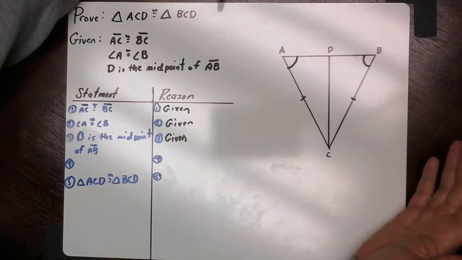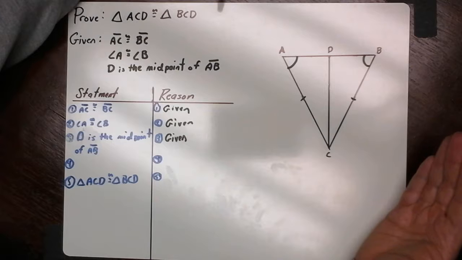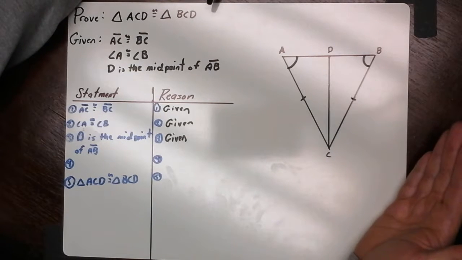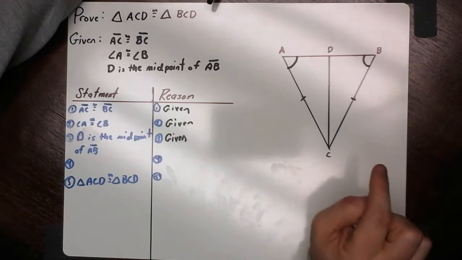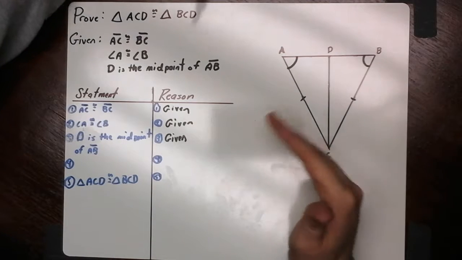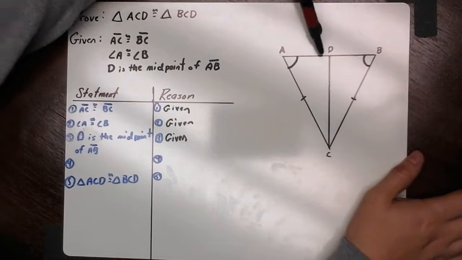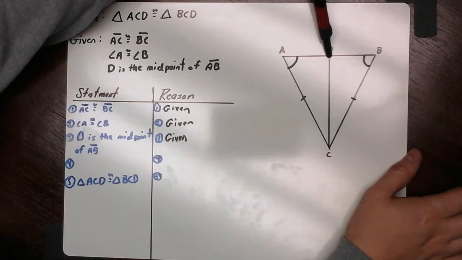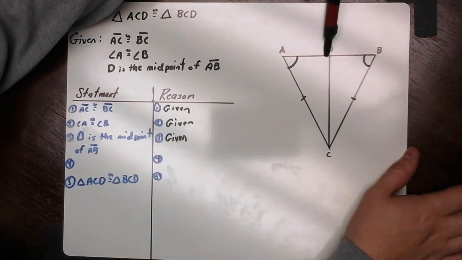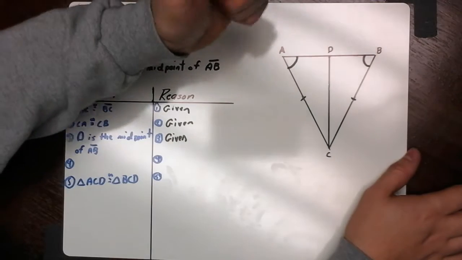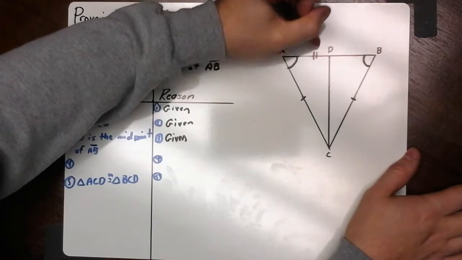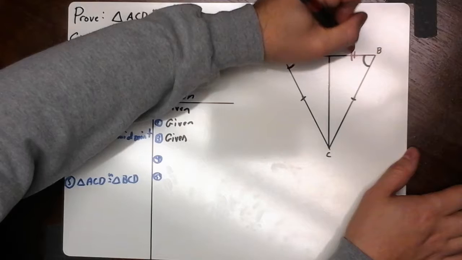If you think about it for a second, it makes total sense. If you go to a 10-inch line and go to the middle of 5 inches, each side is 5 inches. That's what this is saying. This is the middle, so that means this here and this here are the same exact lengths. So this is the same length as that.